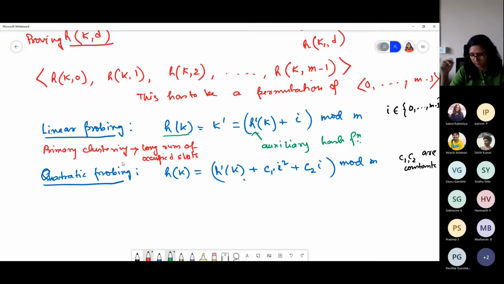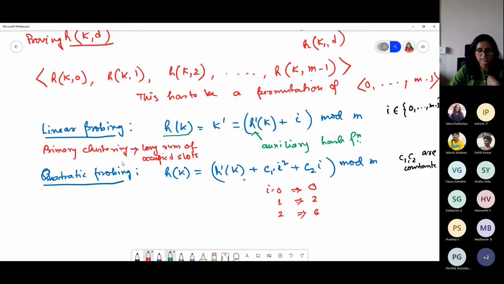If c1 and c2 are both 1, then i equals 0 gives 0, i equals 1 gives 1 plus 1, 2, and i equals 2 gives 4 plus 2, 6. So 0, 2, 6, even numbers are getting filled up.